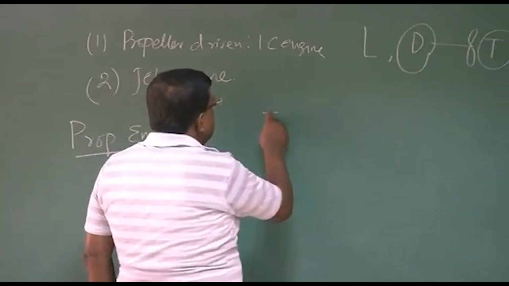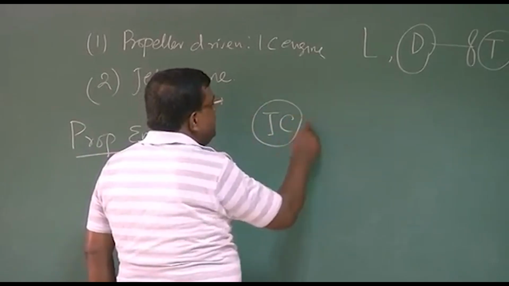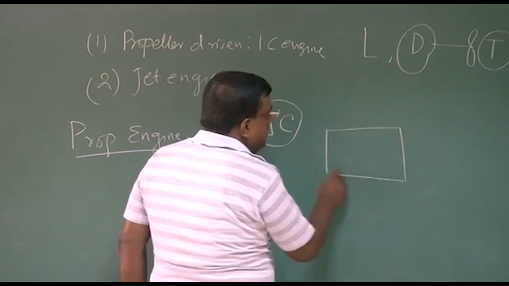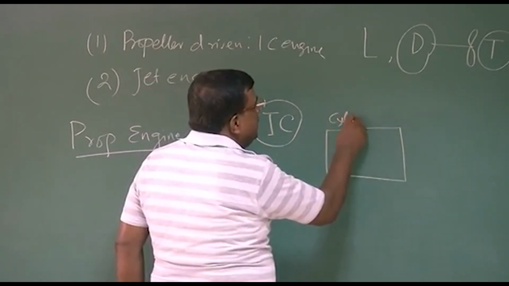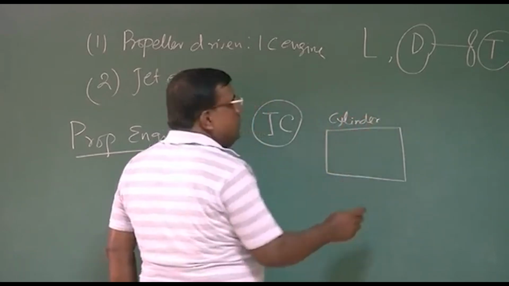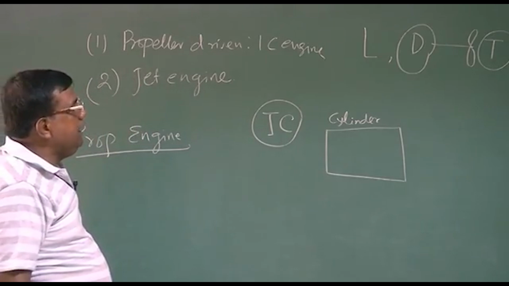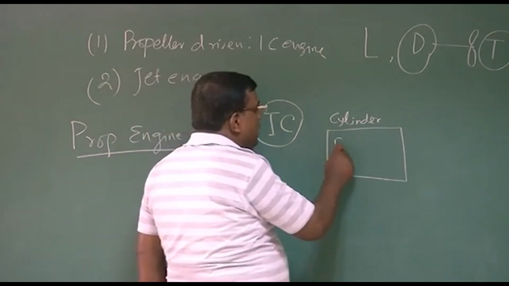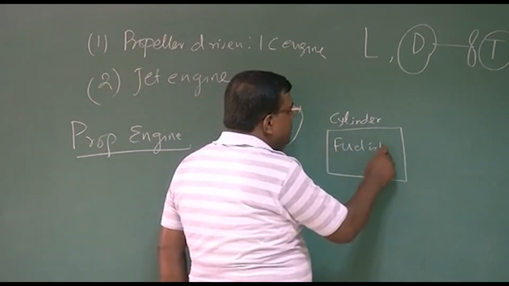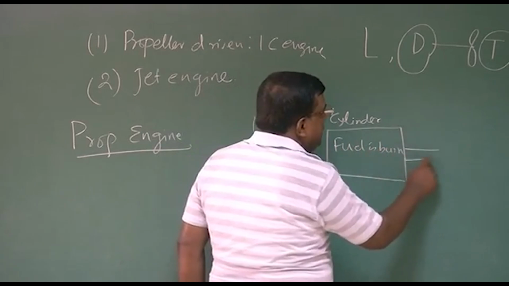See, for an IC engine, the principle is simple. There is a cylinder, which I have shown you just now, and we will be seeing that again. In the cylinder some fuel is burnt, and there is a shaft.